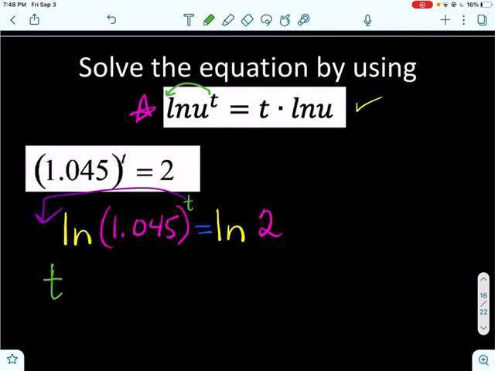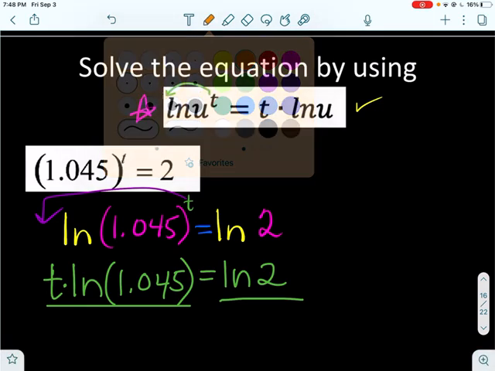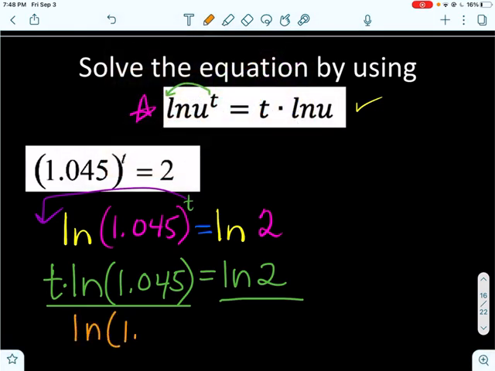So I'm going to write this as t times ln of 1.045, and that's equal to ln of 2. Now ln of 2 is just a number, and so is ln of 1.045. So to get t, all we're going to do is divide both sides of this by ln of 1.045.